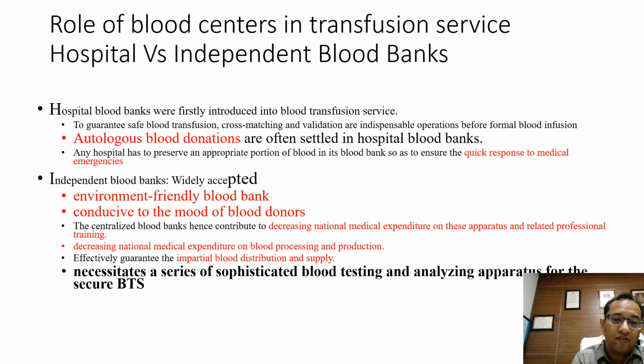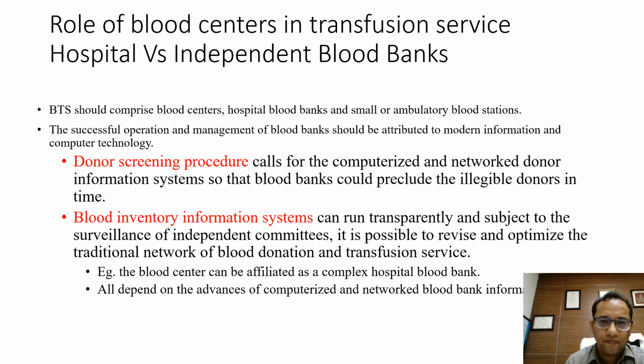Why? Because they have an environment-friendly blood bank. They are conducive to the mood of the blood donors. And you can have a centralized blood bank. This essentially decreases the national medical expenditure on blood processing and production, and effectively guarantees the impartial blood distribution and supply. But it also necessitates a series of sophisticated blood testing and analyzing apparatus.